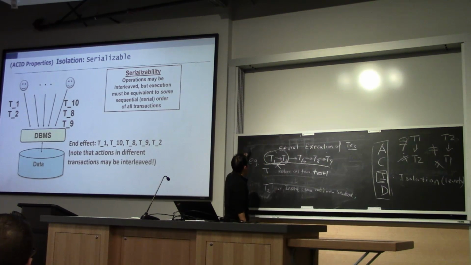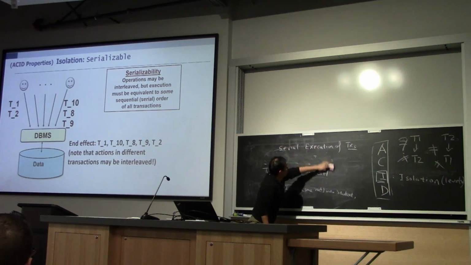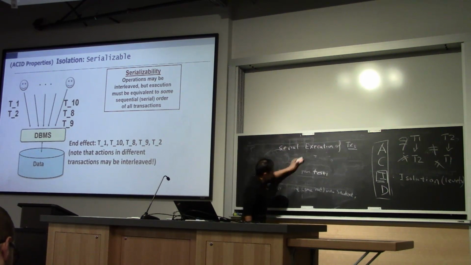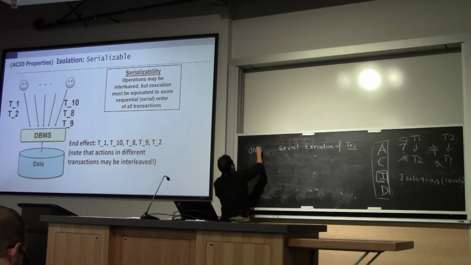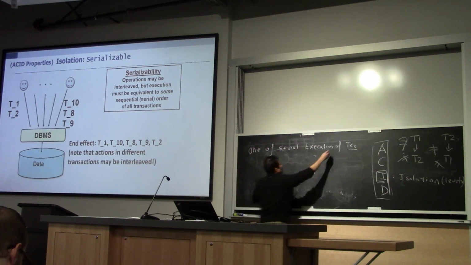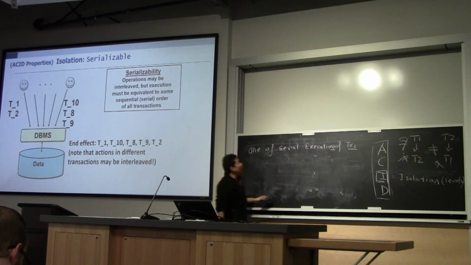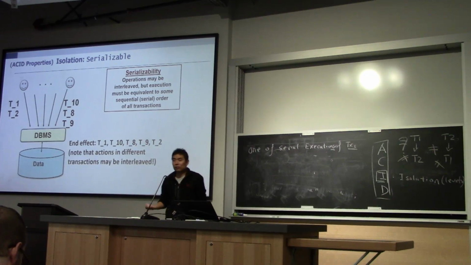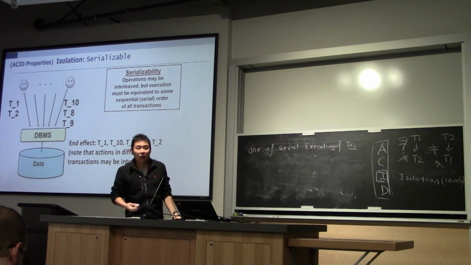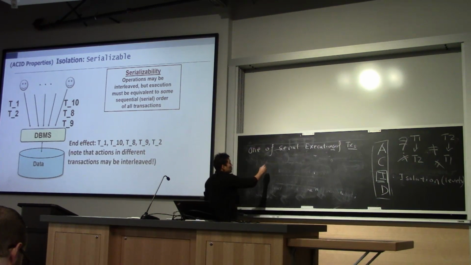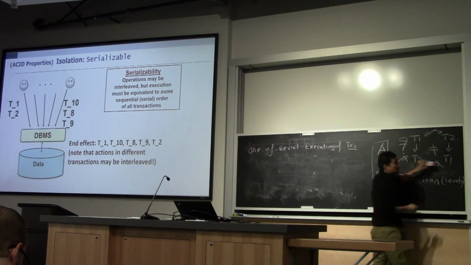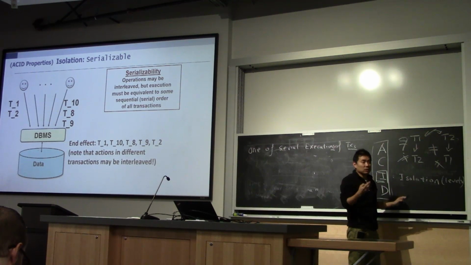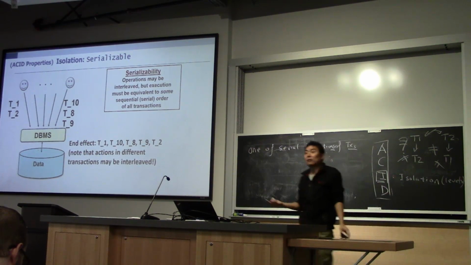Now, we understand what a serial execution of transactions is, right? What about one of the serial executions of these transactions? Given two transactions, you already see there are two serial executions of these transactions: T1, then T2, or T2, then T1.